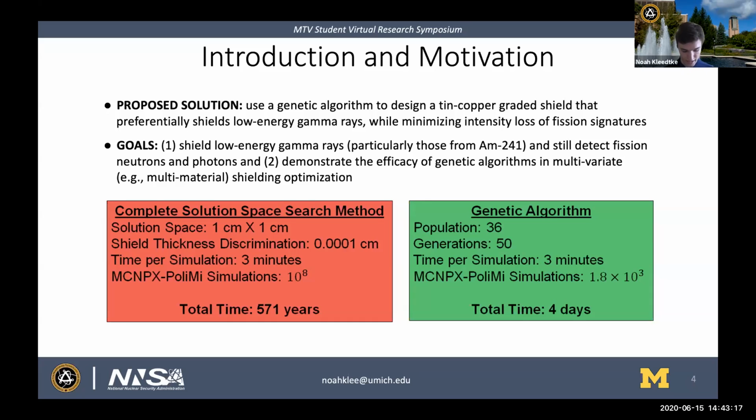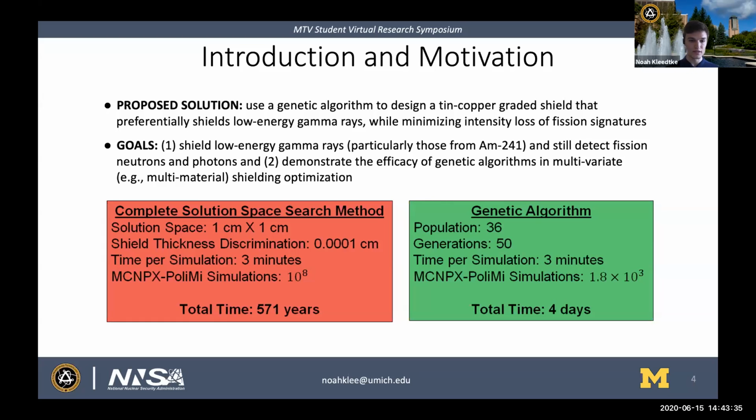On the bottom of the slide, I give a side-by-side comparison of how long a brute force search method would take in comparison to how long our genetic algorithm took. And you can see that the total time difference is pretty substantial.